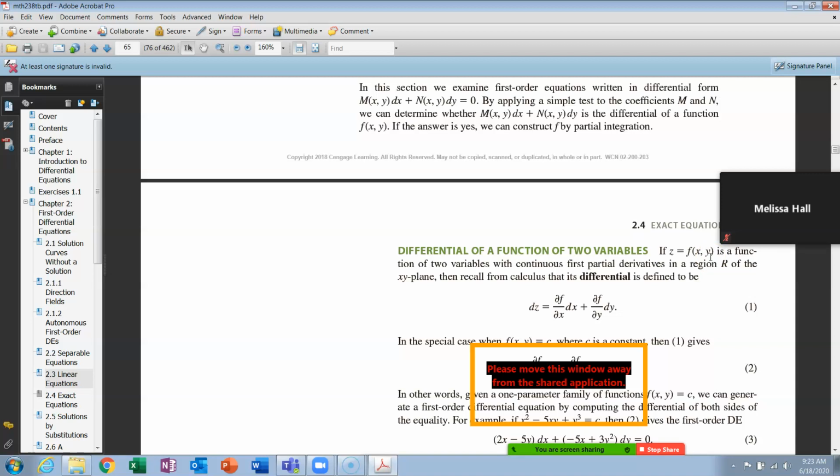If x and y are both independent variables, you've got to have a dependent variable, so let's name it z. Z is a function of both x and y. So a function of two variables with, now here's a catch, continuous first partial derivatives in some region R.